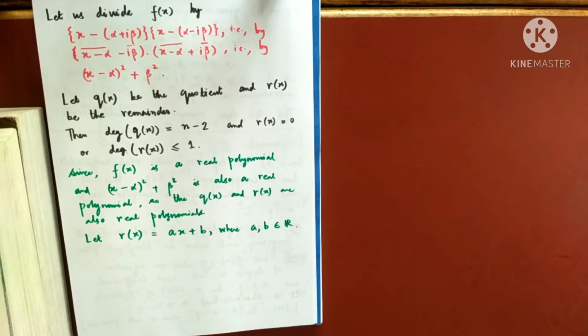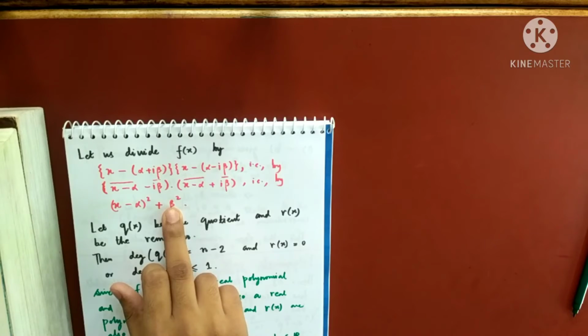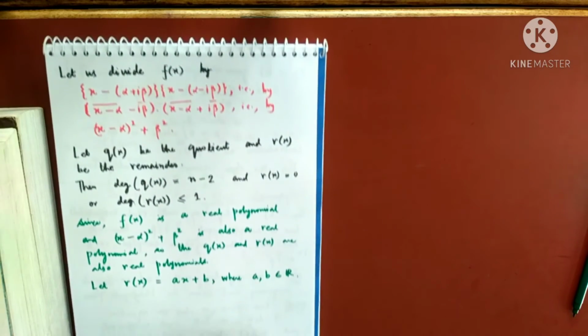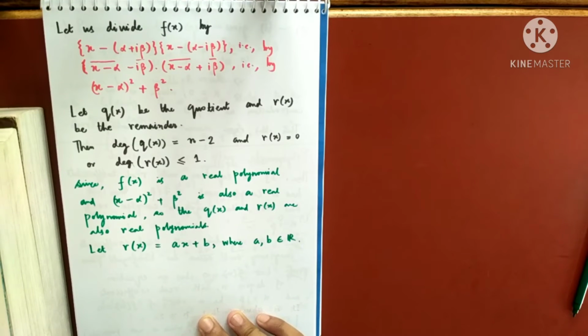So till now the idea is very simple. What I have done is divided f(x) by this polynomial (x minus alpha) whole square plus beta square. I am naming the quotient as q(x) and the remainder as r(x), and r(x) is of the form ax plus b.